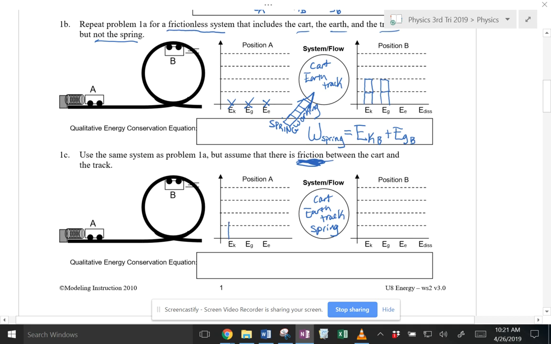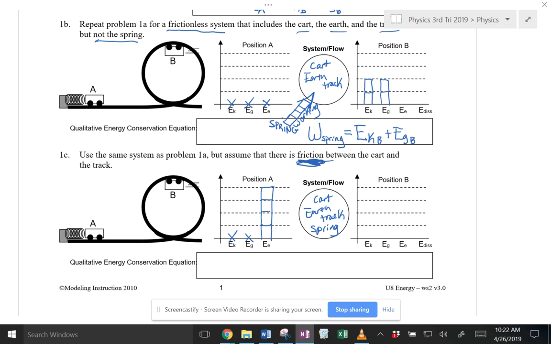Same thing as 1A. So, oops, why am I putting it in EK? That'd be silly. It's not moving. It's not at a greater elevation. So I'm going to put in 4 blocks at position A, in EE, it's stored elastically.